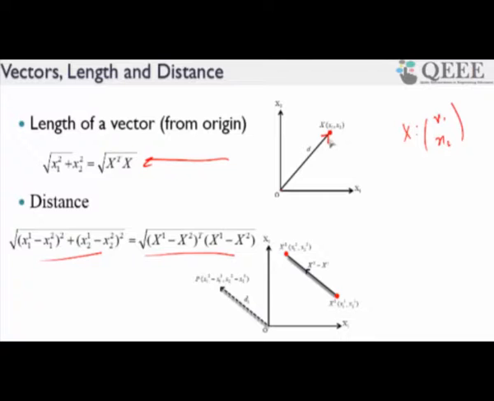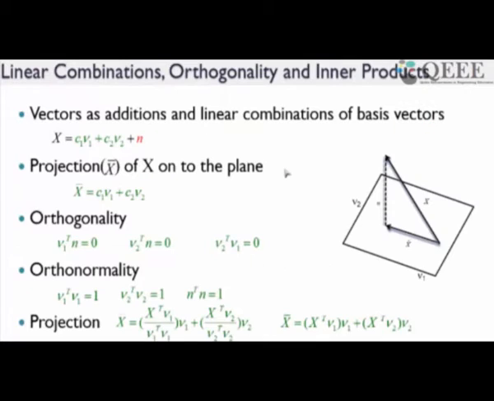As an example, if I drop a perpendicular to this and then I draw 2 vectors, then I can say this vector is the sum of this vector plus this vector. So you can think of these vectors as linear combinations of other vectors. This is very useful to analyze these vectors.